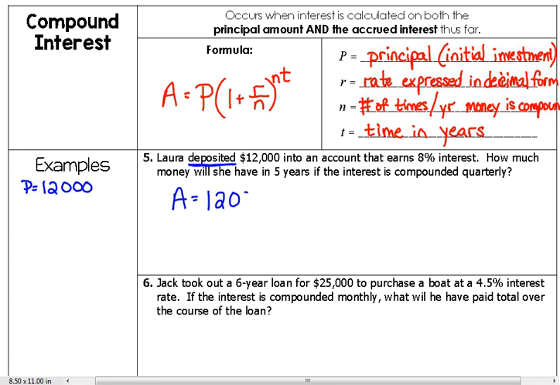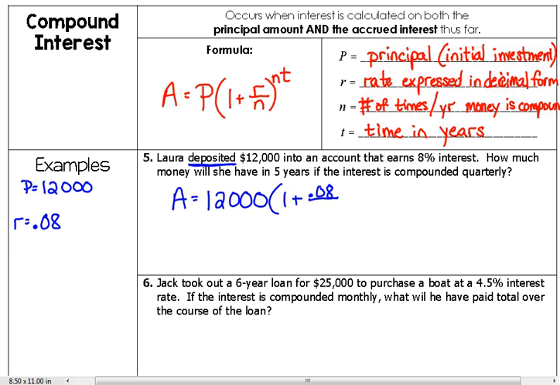A equals 12,000 times 1 plus, let's keep reading, into an account that earns 8% interest. So that means our rate is equal to 0.08. Make sure you convert it to a decimal. So 0.08 is going to go here in our equation.